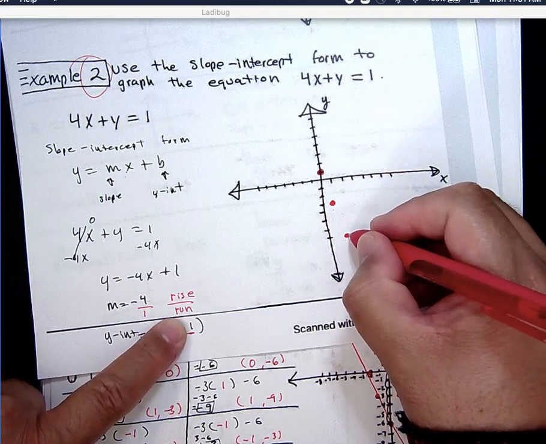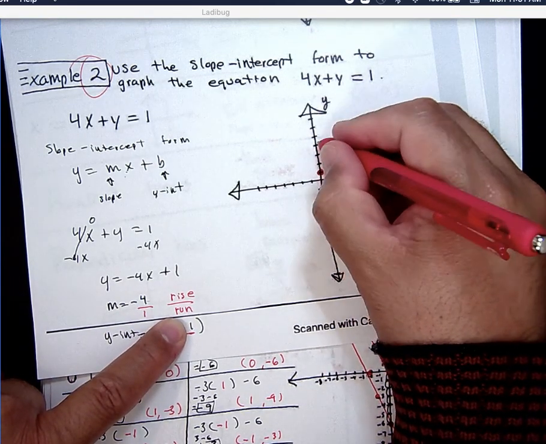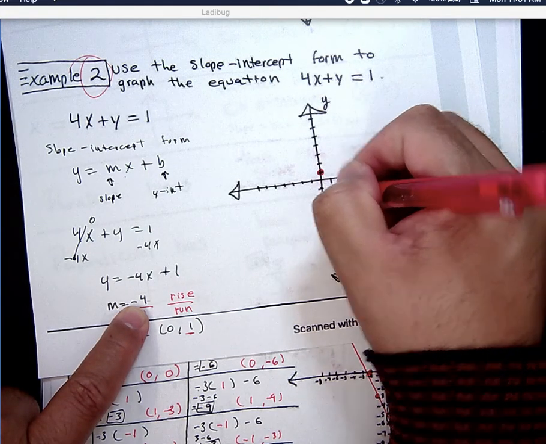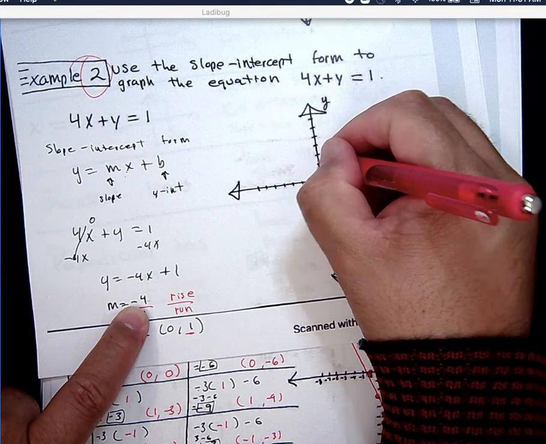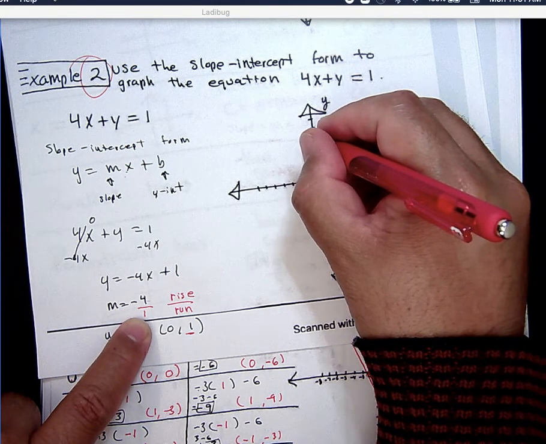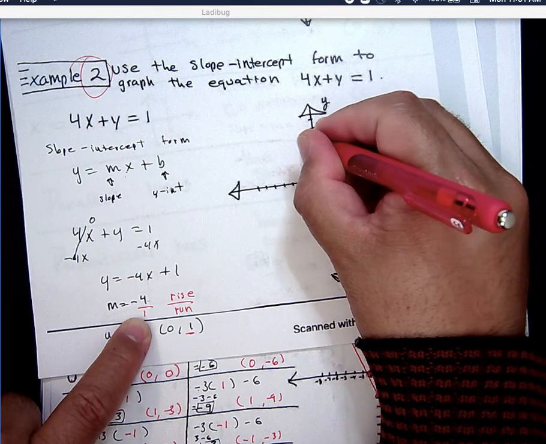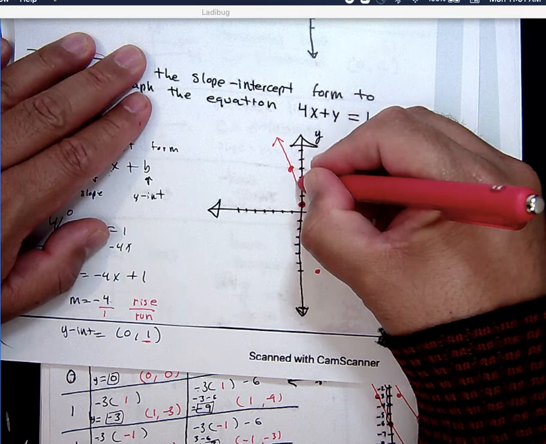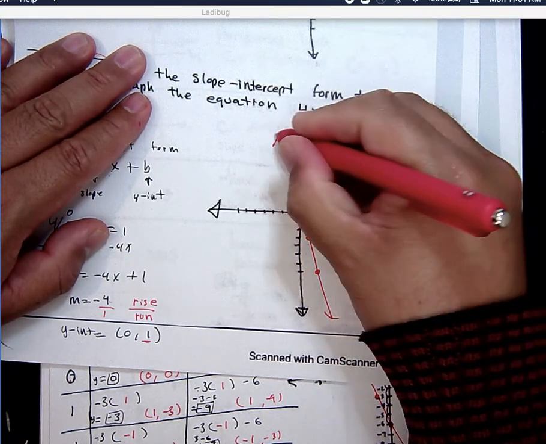You run 1. If you want to go this way, instead of going down, you're going to go up 4, 1, 2, 3, 4, and then go to the left 1, because it needs to be a line. We're dealing with lines, and all you have to do is draw that line.